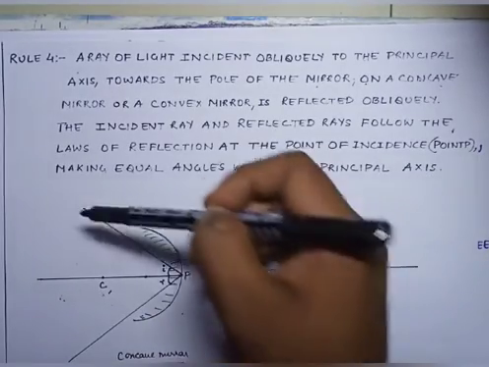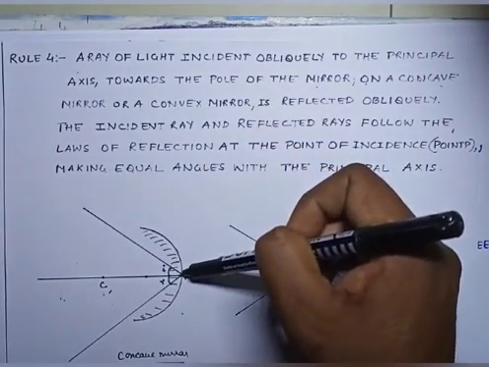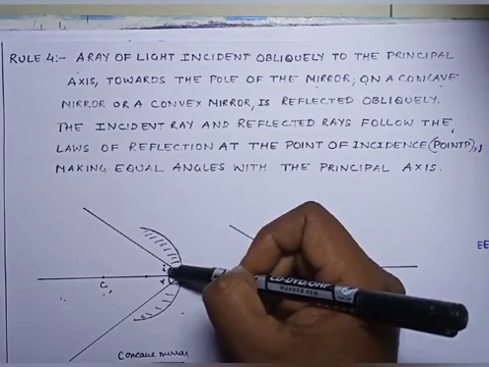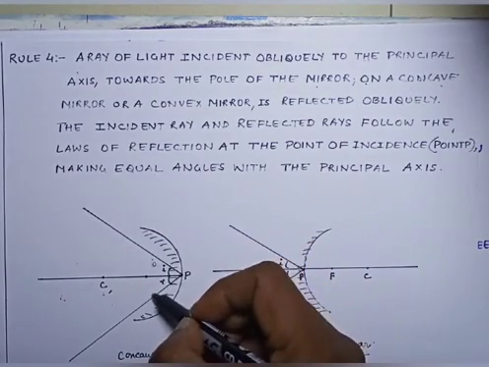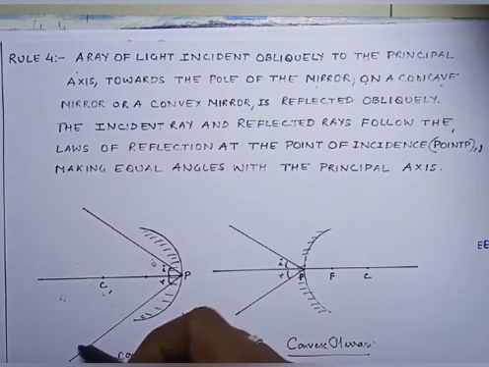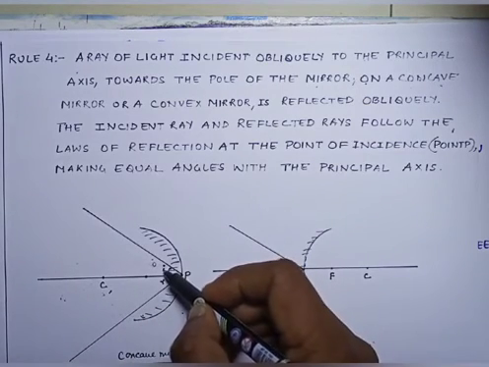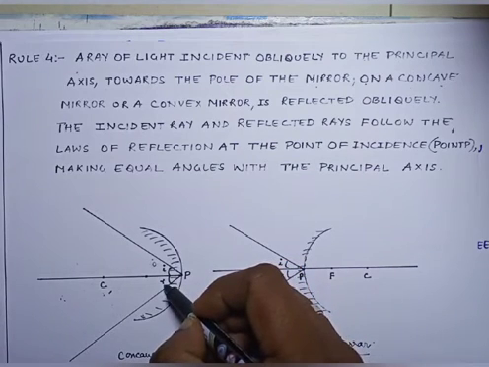In a concave mirror, if a ray of light strikes the pole, then this is the angle of incidence. So obviously, if this is 30 degrees, this should also be 30 degrees. So it is going to reflect with the same angle. That means angle of incidence is equal to angle of reflection.